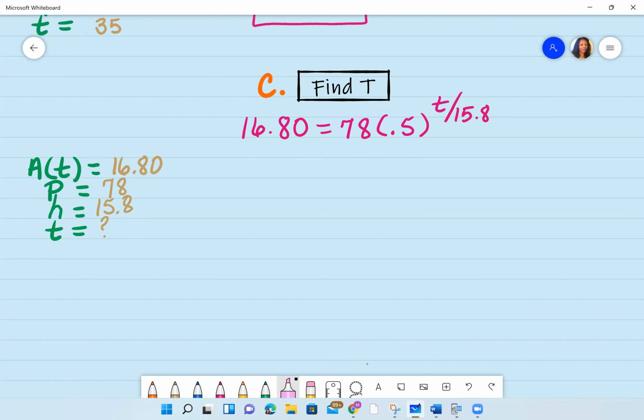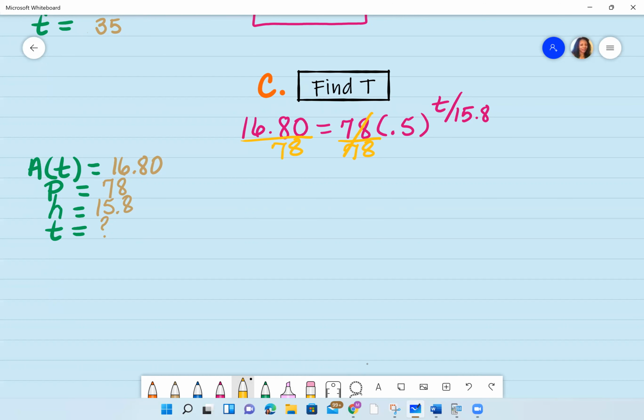So this time my variable is located with my exponent. So whatever is stopping my exponent from being on the side by itself, which means if there's something before or after, I want to get rid of that first. So I want to get rid of this 78 by dividing both sides by 78, because the inverse of multiplying, and we don't want to do that, is to divide.